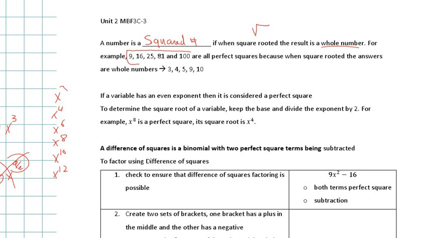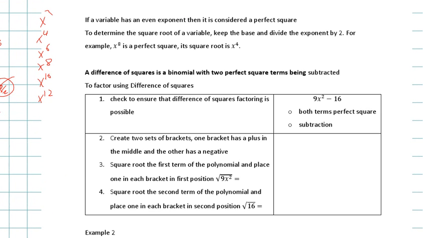Okay? And then we talked about squared terms, they have to have an even exponent, and to square root it, you just divide by 2. Is that clear for everyone? Okay, now, I'm going to call it a binomial because it's a binomial.